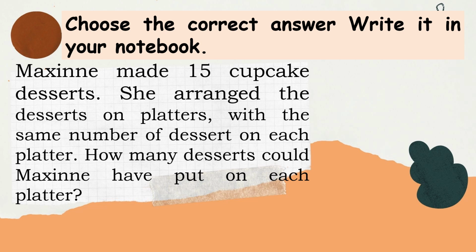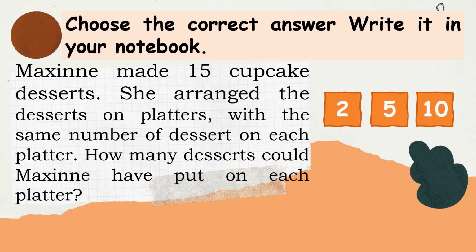So, ang given natin dito is 15 cupcakes. Ang hinihingi naman kung ilang desserts na mailalagay or cupcakes na mailalagay ni Maxine sa bawat platter. So, we have our given which is 2, 5, and 10. So, let's try number 2.